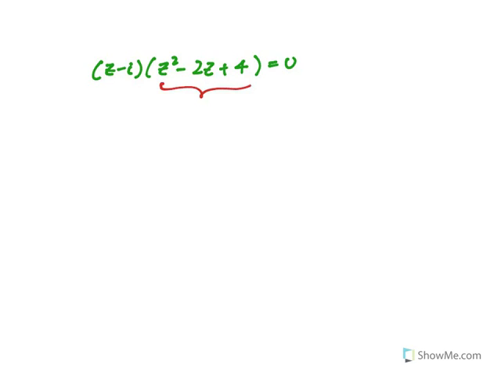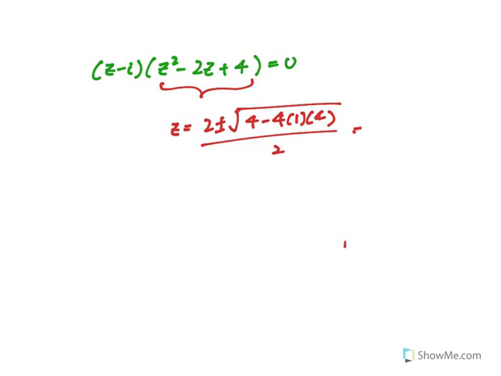Solving this portion, you can use a calculator, or you can use the quadratic formula if you want to find the exact roots. So we can't use a calculator. It's 2 plus minus, and you get your final answer here. And this one will be z equals i. Okay, total of 3 roots.